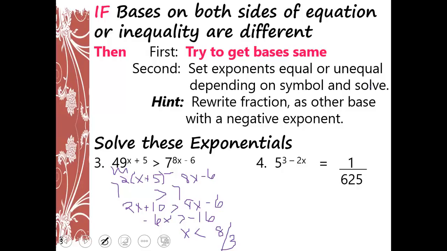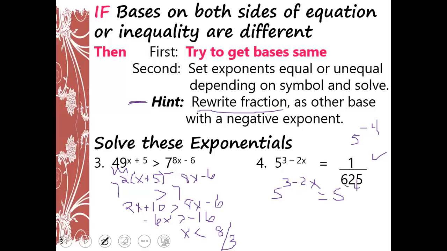This one, notice that I have a fraction here. So look at this hint. It says rewrite fractions as the other base with a negative exponent. Well, 625 is 5 to the negative 4. So I'm just going to rewrite this. 5 to the 3 minus 2x has to equal 5 to the negative 4.